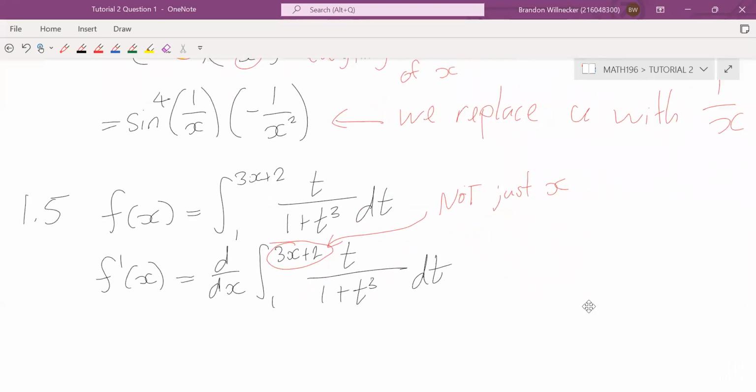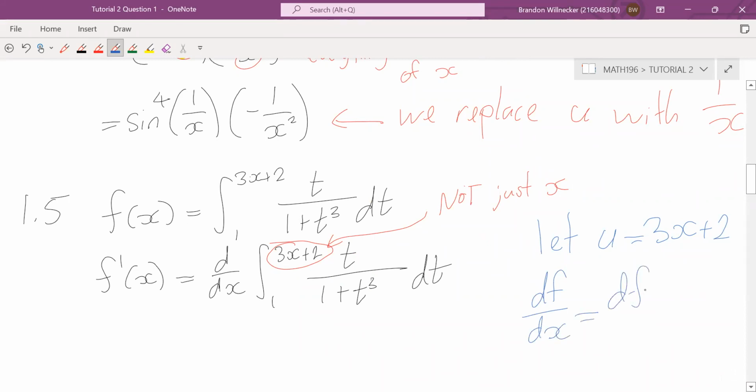Which means we have to use a substitution to make that upper bound a single variable. So what we do is we let u be equal to 3x plus 2. But now, since we've introduced this variable, we're going to have to use the chain rule, because df by dx is now going to be df by du, du by dx.